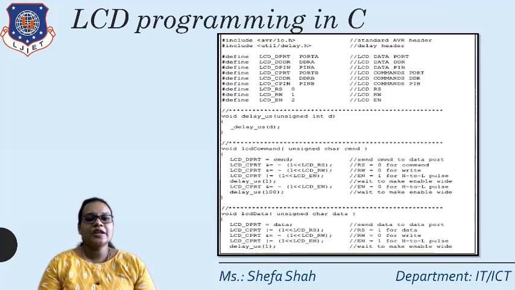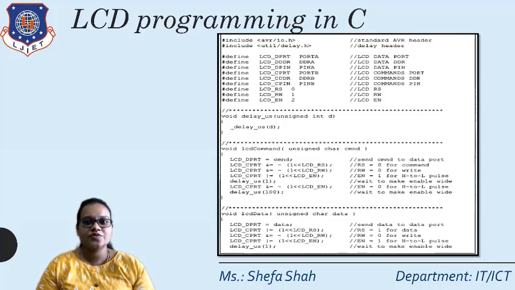Now, a similar program has been written in C language. The delay functions which we made for the assembly language, all those functions we make using void delay microseconds, then LCD command write, and LCD data write.